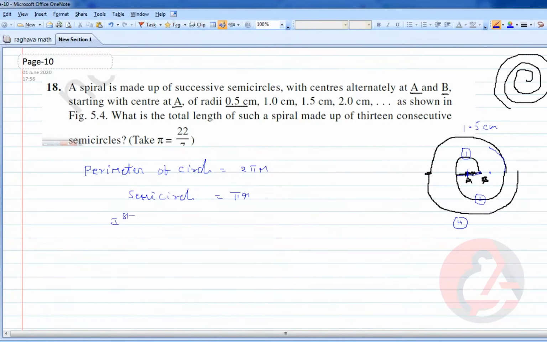The first semicircle is 0.5 pi centimeter. The second one is 1 pi centimeter. The third semicircle is 1.5 pi centimeter.